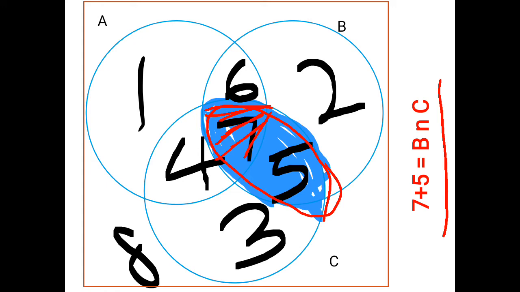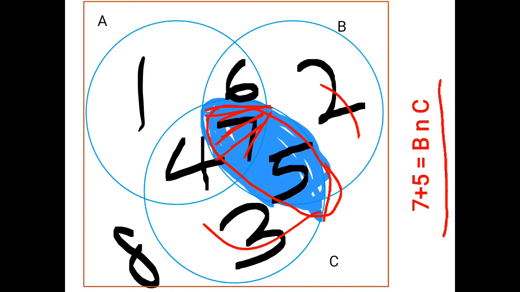Let's look at where region 5 is found. In which 2 circles is region 5 found? Region 5 is found in 2 circles, B and C. It is not found in A, meaning after we have covered our 7, we check the remaining parts. In which two circles can I find that region?